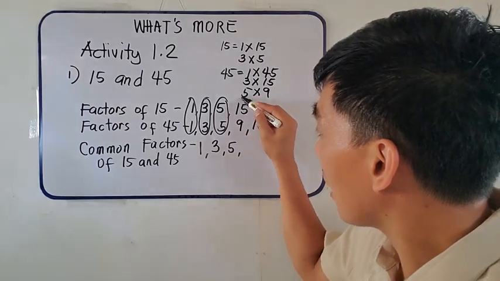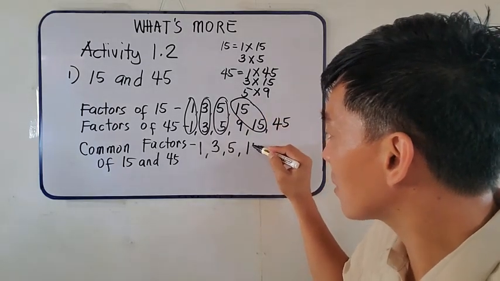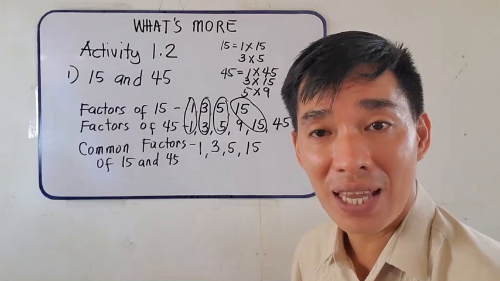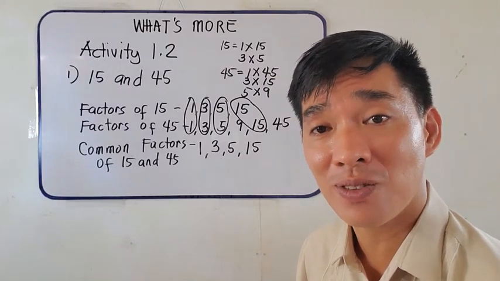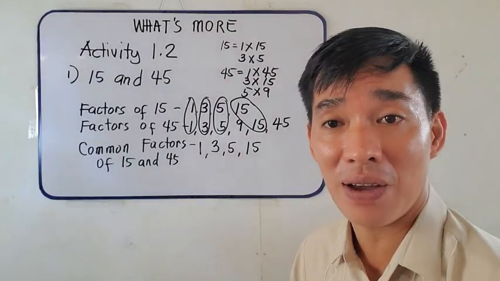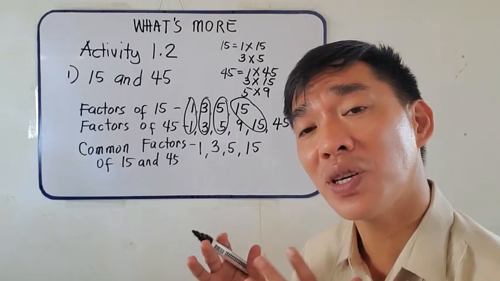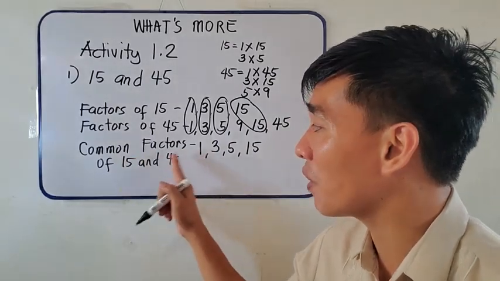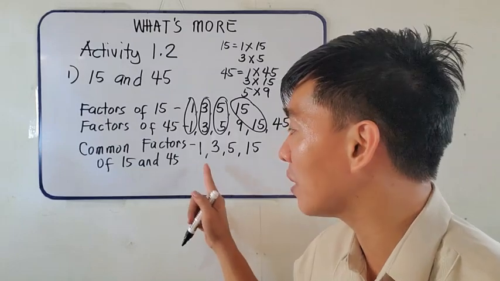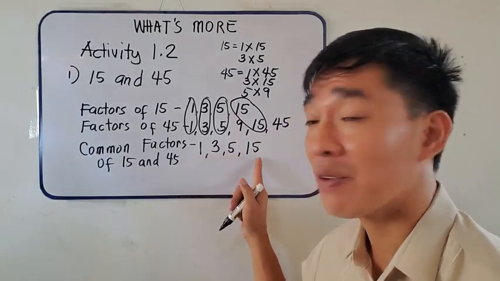Finally, we have 15 present in both, so 15 is a factor of both 15 and 45. Therefore, we could say that the common factors of 15 and 45 are the following: 1, 3, 5, and 15.